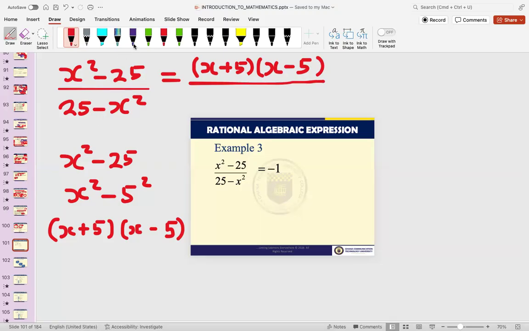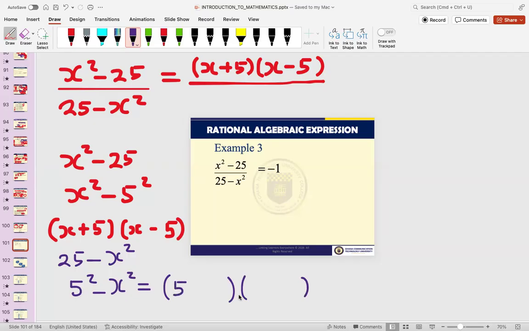The second one is 25 minus x squared. So 25 minus x squared, we can think through that 25 is a certain number squared. It's the same 5 squared minus x squared. So we use the difference of two squares. We open our two brackets as usual, first bracket, second bracket. First number 5, we repeat it 2 times.